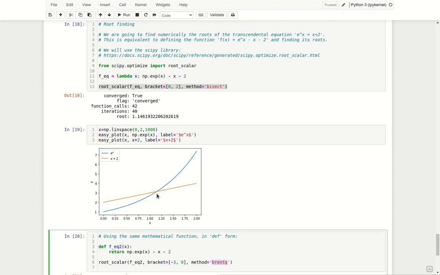The linear function goes to plus infinity when x goes to plus infinity, and to minus infinity when x goes to minus infinity. So what we have here is the crossing point where the exponential wins over the linear function.